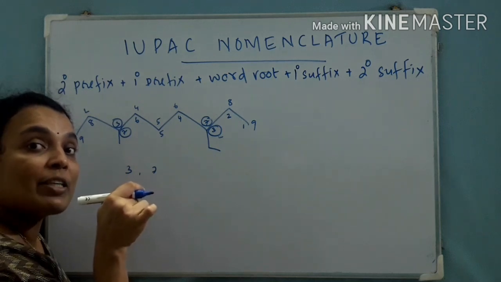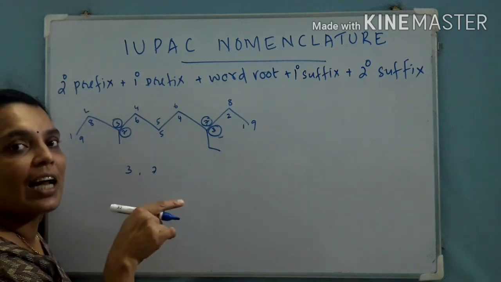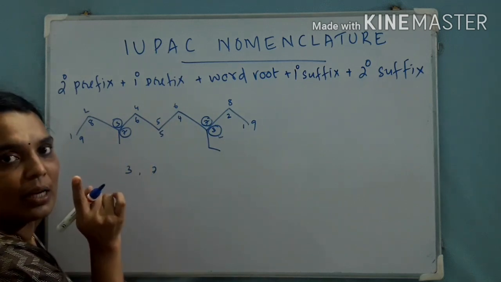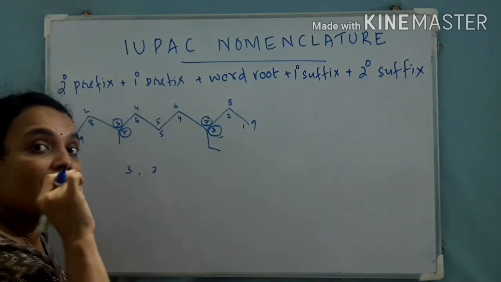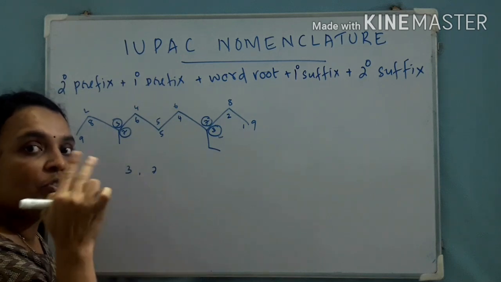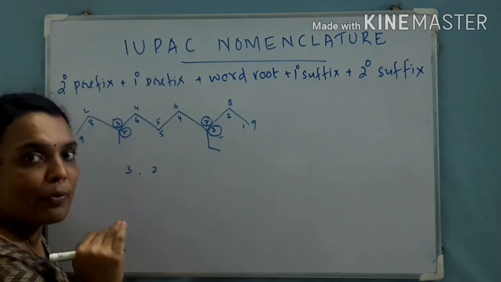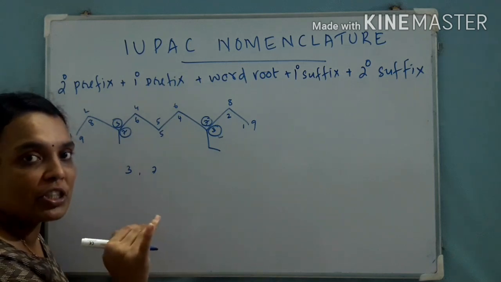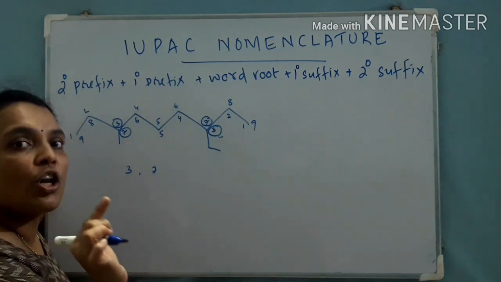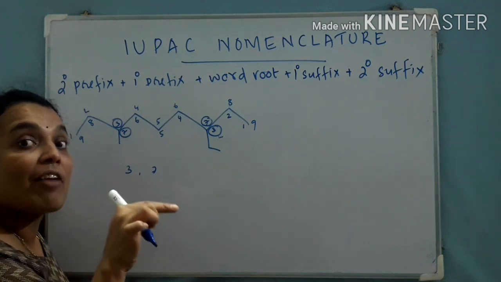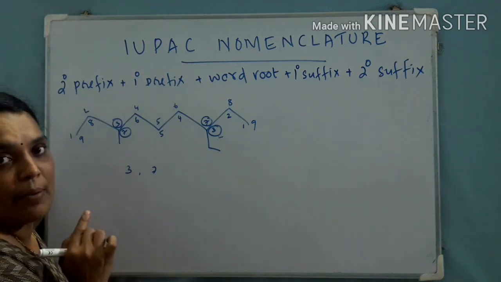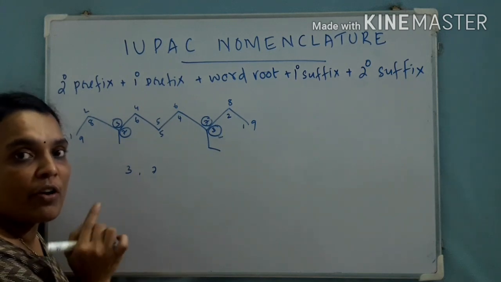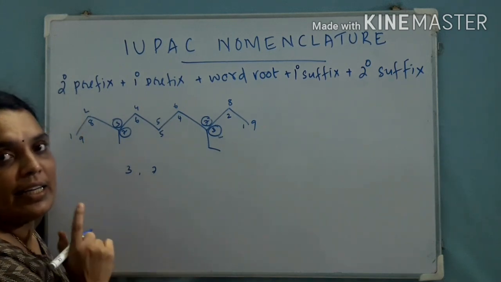So, first alphabet should get the least number. So, which is the correct numbering? This is the correct number. Got that point? If two different substituents are present in the same position, first alphabet should get the least number according to the alphabetical order of substituents.